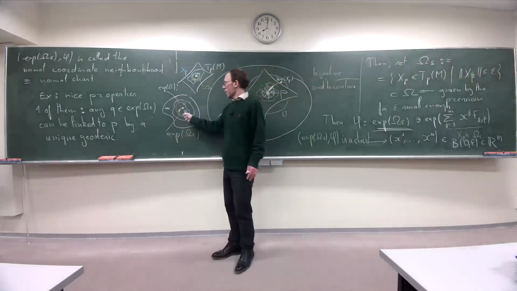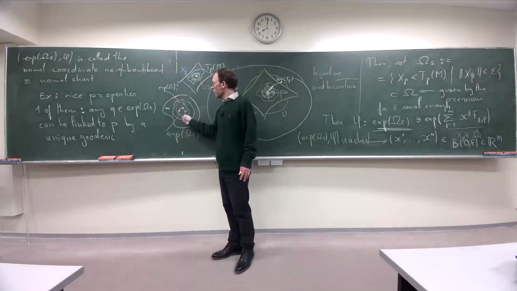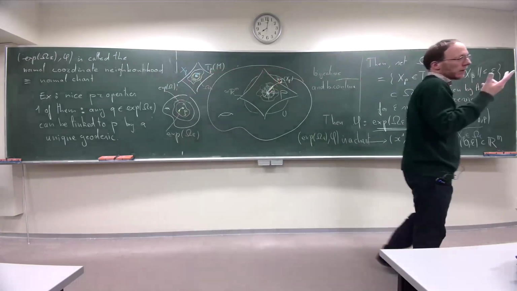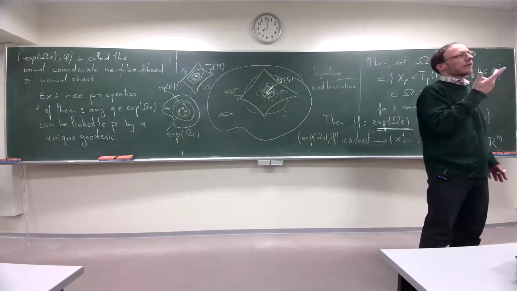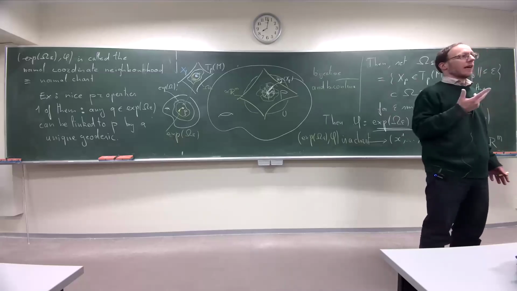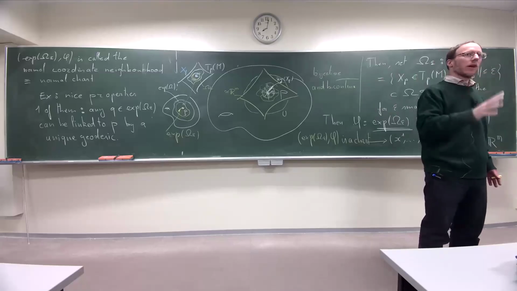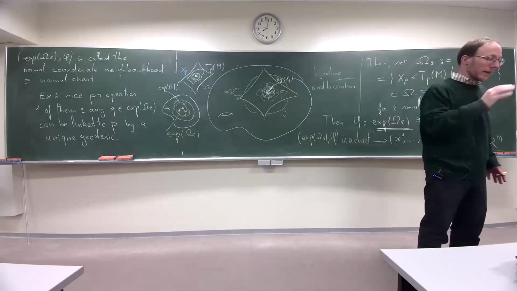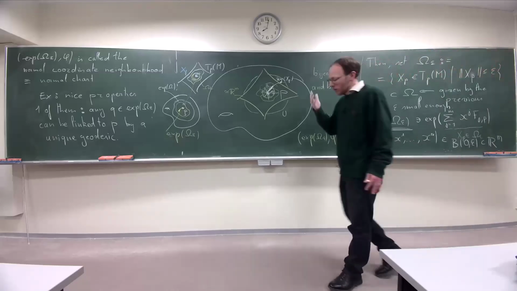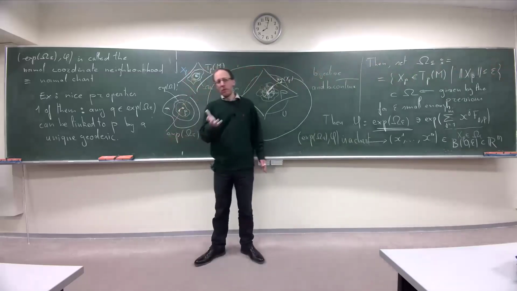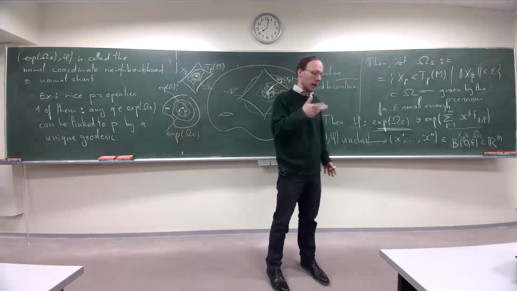There is a unique geodesic, and if you use this chart, you remember the Christoffel symbols are defined with a chart. And it turns out that the Christoffel symbols have a very simple expression in this chart. Remember, when we defined the Christoffel symbols, they uniquely define the connection. This is true, but once you have chosen a chart. With this normal chart, the Christoffel symbols are quite simple.